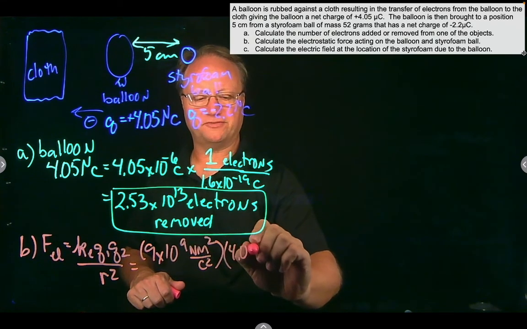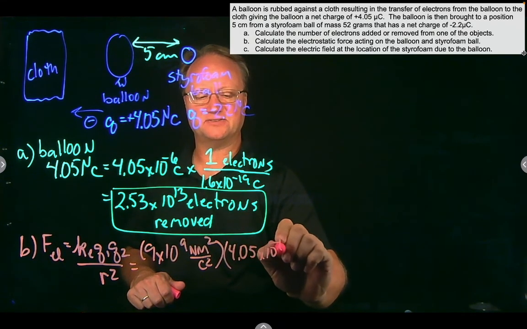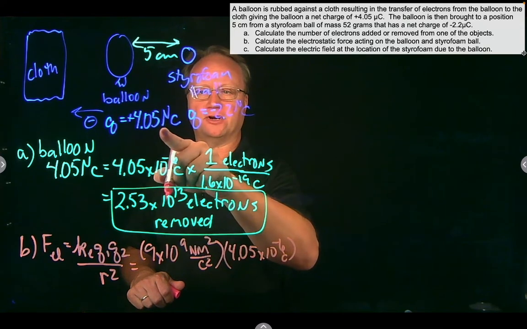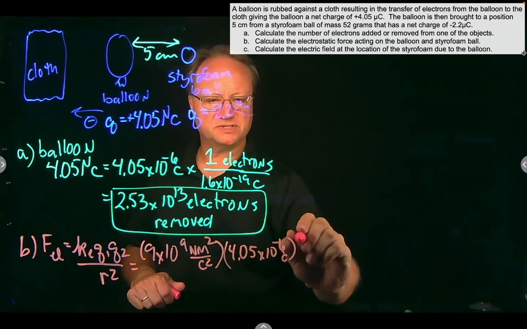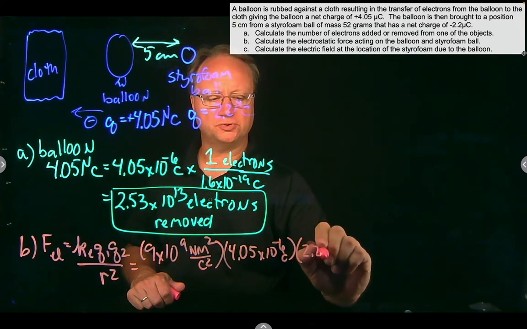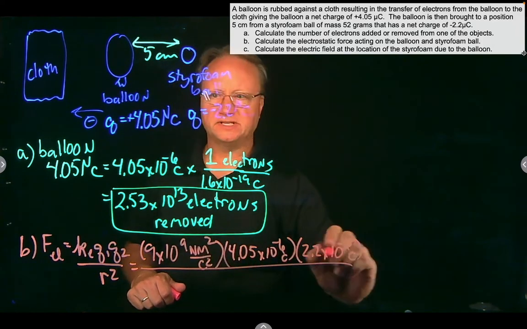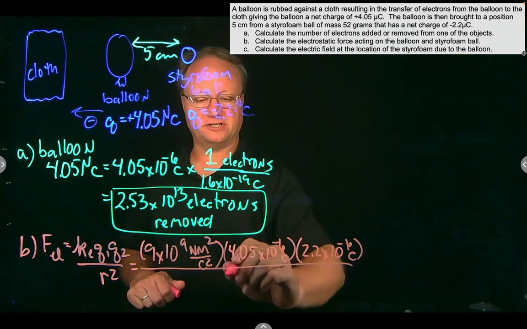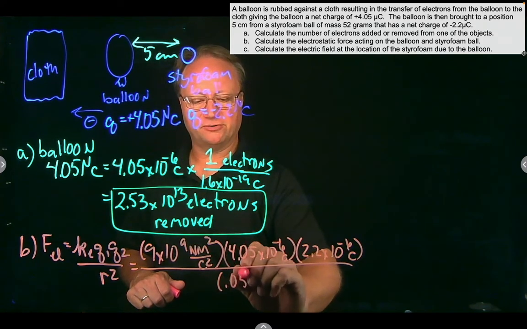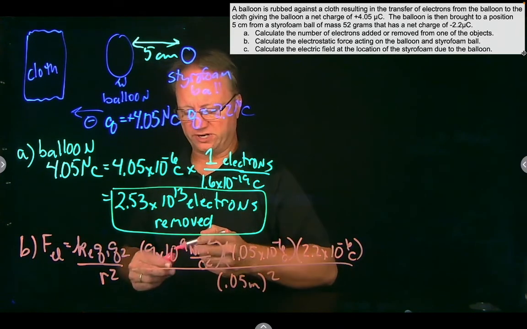So 4.05 times 10 to the negative 6 coulombs, converting our micro into coulombs, and 2.2 times 10 to the negative 6 coulombs, divided by our distance, converted into meters, 0.05 meters squared.